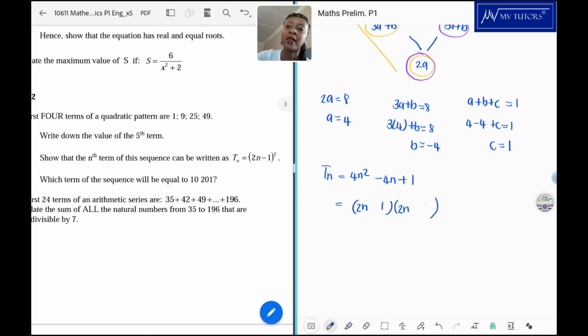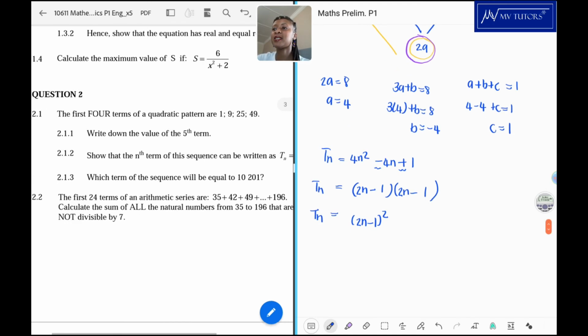And I'm going to get 1 and 1 so that I can have 1. Okay, and it has to be a positive here. But here we have a negative, so I'm going to use minus and minus. Therefore, we get 2n minus 1 all squared. Okay, and that is your term formula. Okay, great. We have answered that.